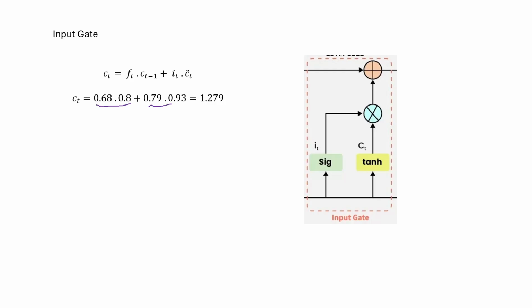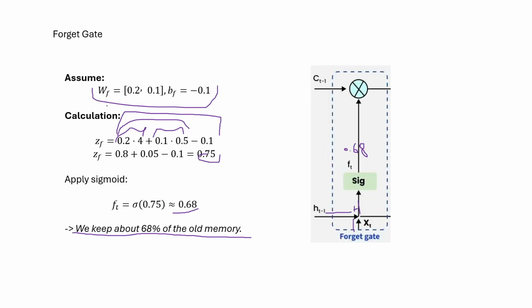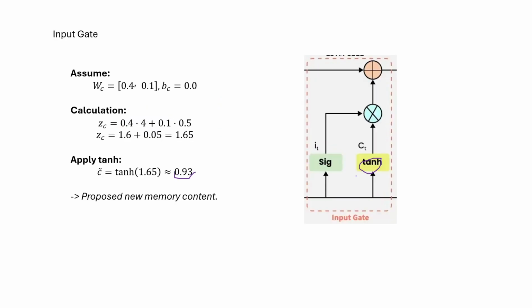And then we sum them, because this sum is this part and this part. If we remember, it's the previous cell state multiplied by the output of the sigmoid activation function.